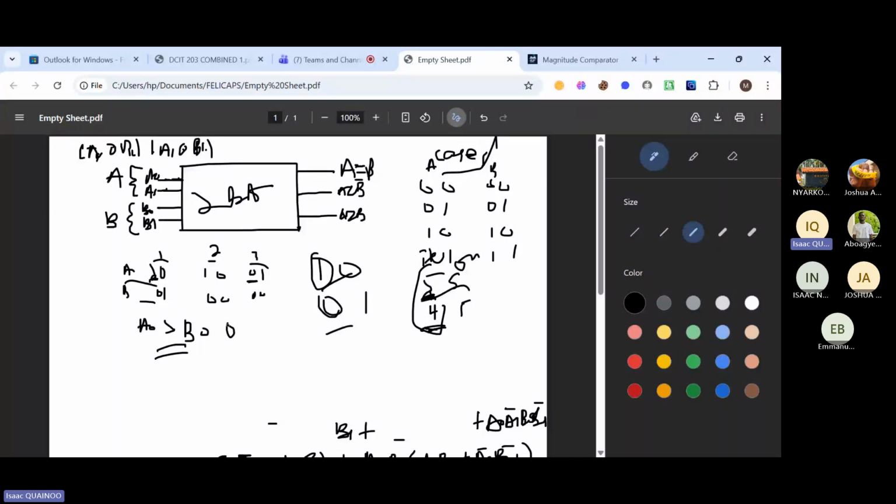If you come and look at the third case, you can see something unique, that the first bits are equal. Please, can you all see that?